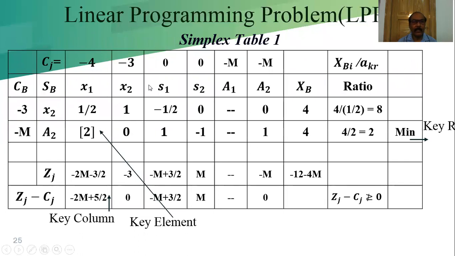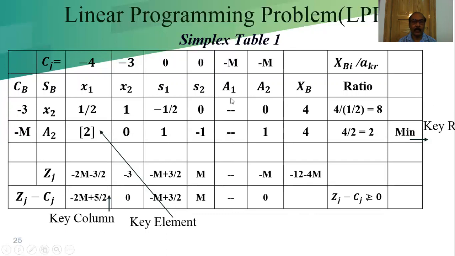Now I already said, when an artificial variable departs from the basis, we can drop it for our further calculation. Since A1 was previously in the basis and departed from the basis in the previous iteration, we no longer need to calculate the corresponding elements for the artificial variable A1.